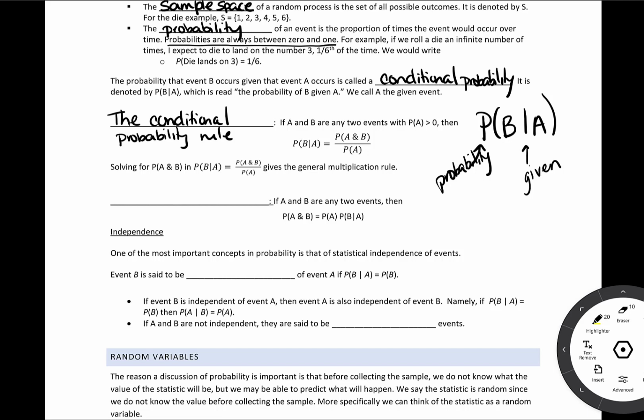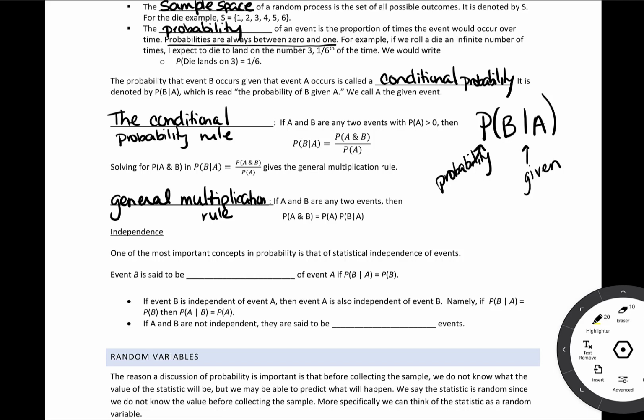We could solve here for the probability of A and B. We do that by multiplying both sides by the probability of A, and that gives us what we call the general multiplication rule. It tells us that if I know the probability of A occurring and I know the conditional probability, then I can get the probability of both of them occurring simultaneously.